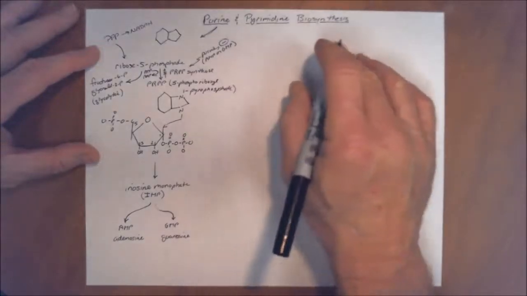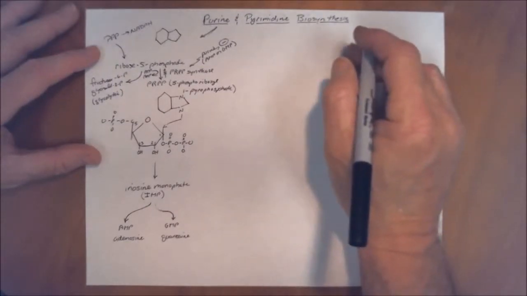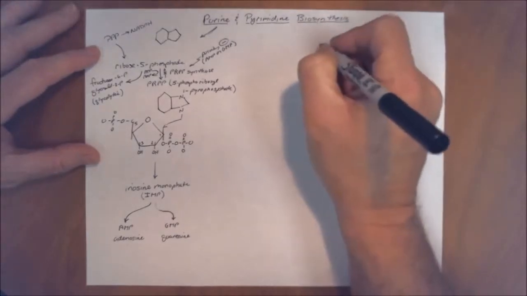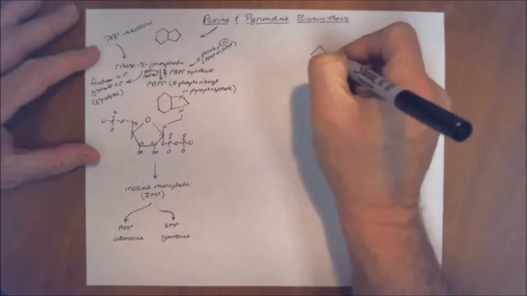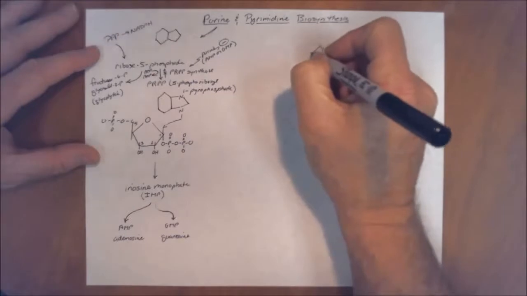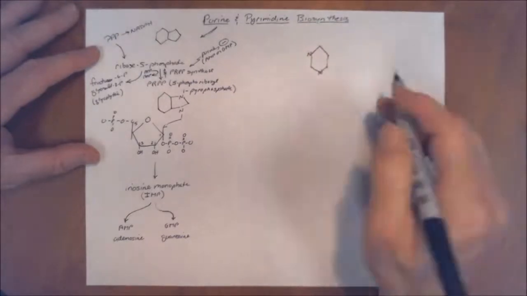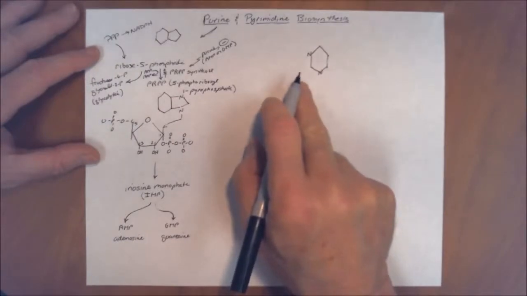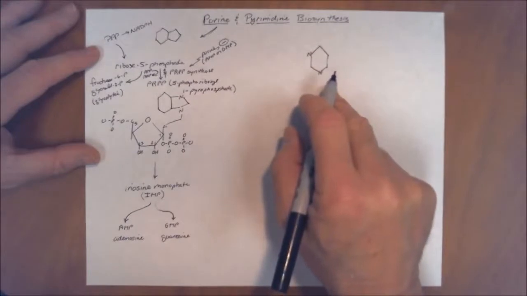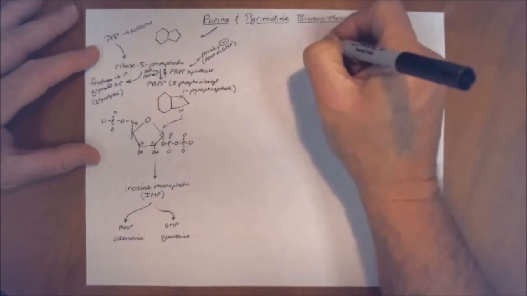Now for pyrimidine biosynthesis, we have a slightly different path. Here, we are going to synthesize the ring structure without the ribose. So by forming the ring structure first, we can then add it to PRPP once the ring is formed.